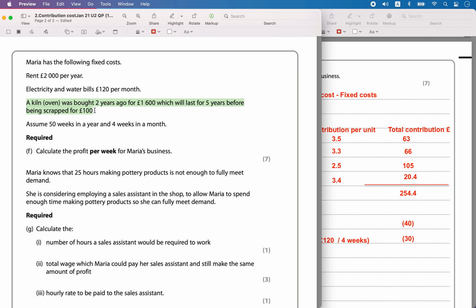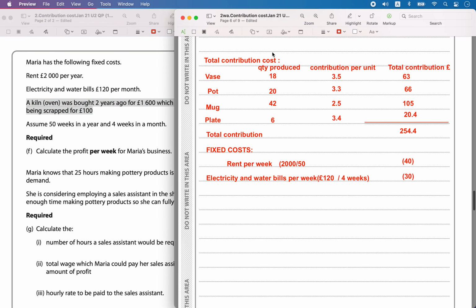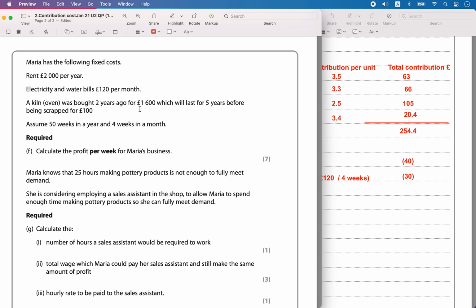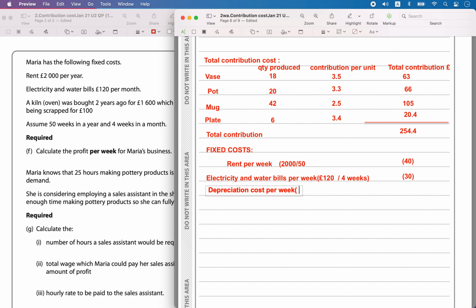Then we have the depreciation. This is a kiln. So the depreciation expense is spread, and is used as a fixed cost expense. So depreciation cost per week we have to calculate. We know that the kiln was bought for 1600 and it is going to last for 5 years before being scrapped for 100 pounds.